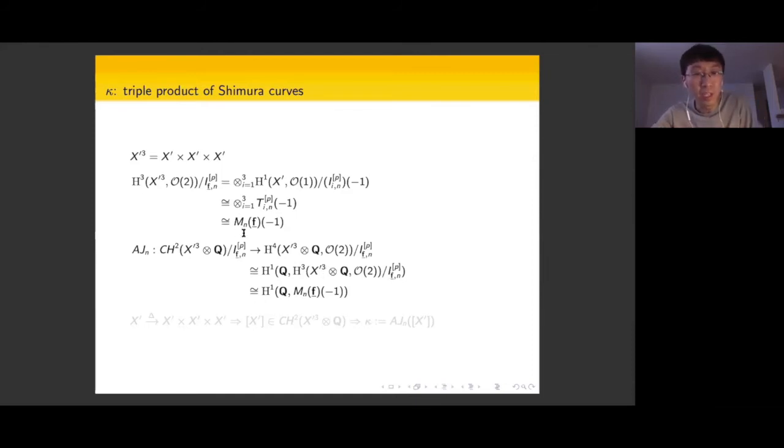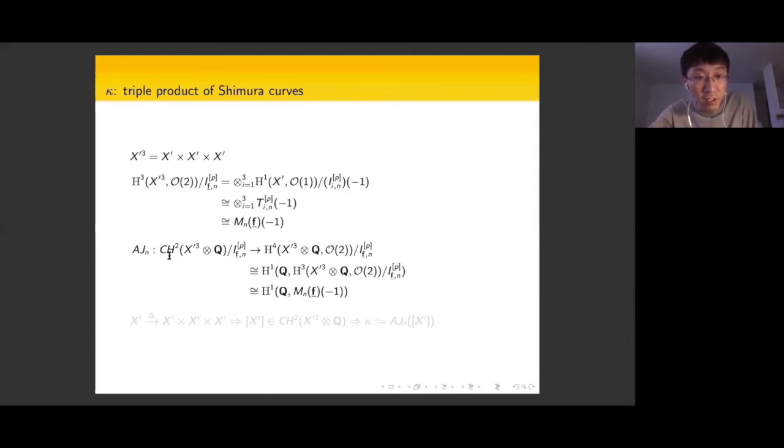And then the isomorphism explained above tells you that the cycle class map maps to the Galois cohomology of Q valued in this triple tensor product of Galois representations for this triple F. Here I use the fact that the level raised Galois representation is isomorphic to the unlevel raised Galois representation. Okay, so this is the Abel-Jacobi map.